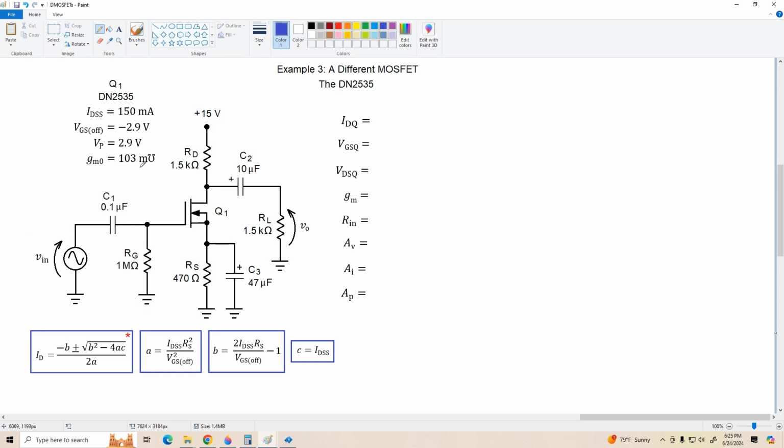Now, for this circuit, to calculate IDQ, of course, we're going to either have to use the quadratic formula or a graphical approach. And I put a little red asterisk here because when you do the quadratic approach, this is one of those weird cases where B squared and 4AC are very, very close, and you have to calculate both of these values out to like 10 decimal places to make sense out of this equation.